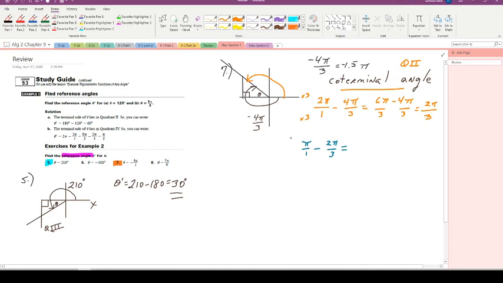I have to multiply again, top and bottom by 3. So I have 3 pi over 3 minus 2 pi over 3, which equals pi over 3. And there you have it. There is my reference angle. This is my coterminal angle. This is my reference angle, which is what they're asking for.